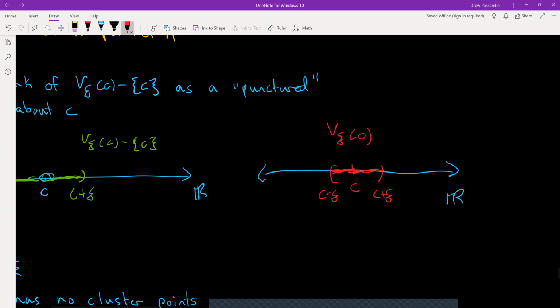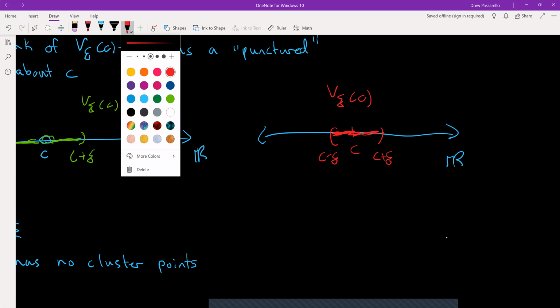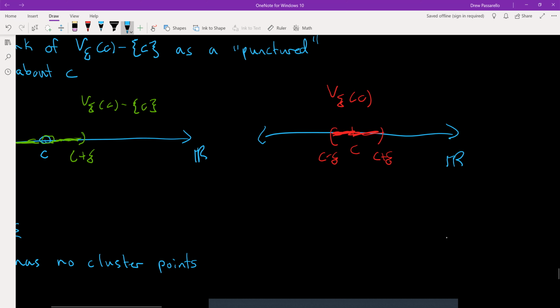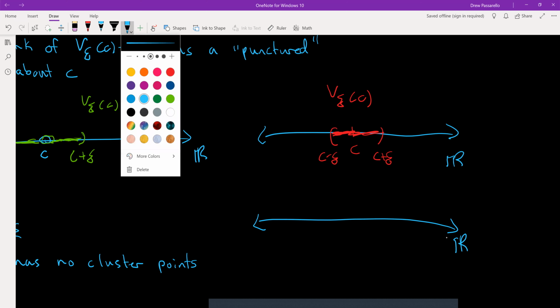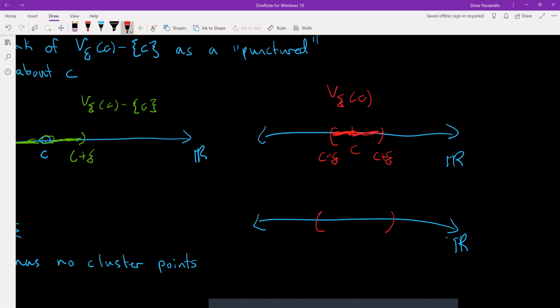And then I just have that same thing, except I don't include c, so I take out c. All right, so c is taken out, so that's the punctured neighborhood.